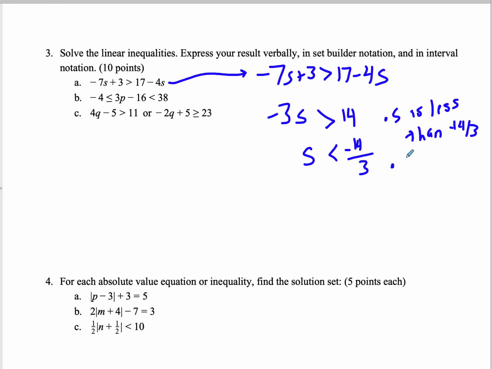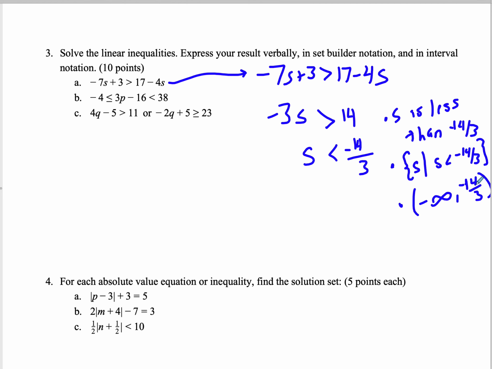Okay, set builder notation. So you write s, because that's the letter, such that s, and then you just write your answer over again. Okay, and then interval notation would be negative infinity, comma, negative 14 thirds.